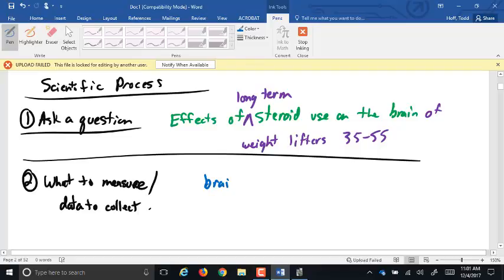Exactly, the brain scans. Of who? They did brain scans of 2 groups, and it was, okay, long-time users and non-users.